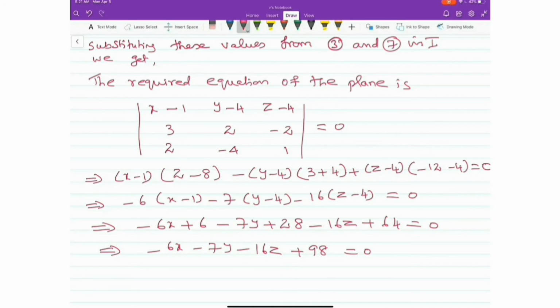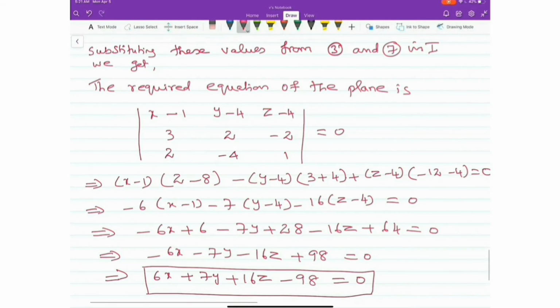I can multiply throughout by minus 1. Then I will be getting 6x plus 7y plus 16z minus 98 equal to 0. So this is going to be the required Cartesian equation of the plane.